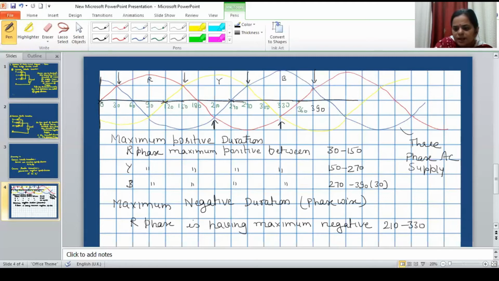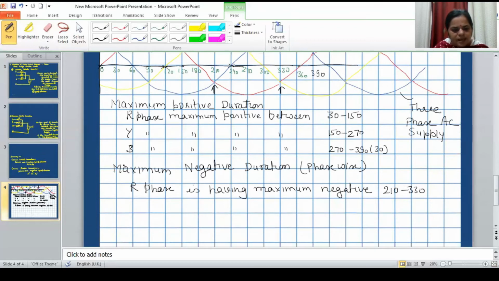Similarly, the Y phase has its maximum negative voltage from 330 up to 90.